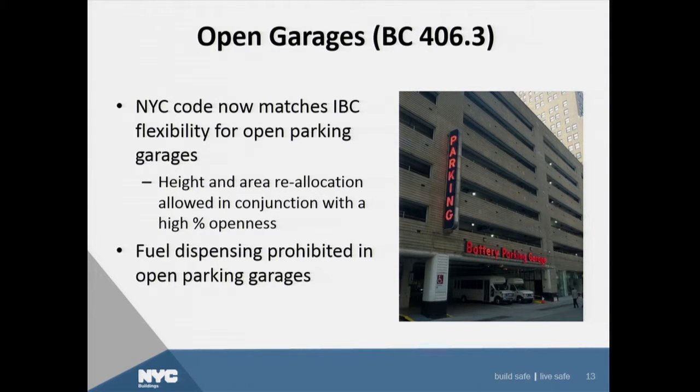Open garages. Okay, we're now getting a little bit more flexibility. There's height and area reallocation allowed in conjunction with percent openness. So what this means is if you have, I believe it's 3 sides open, you're allowed to increase it 1 story. Let me just check my notes here.